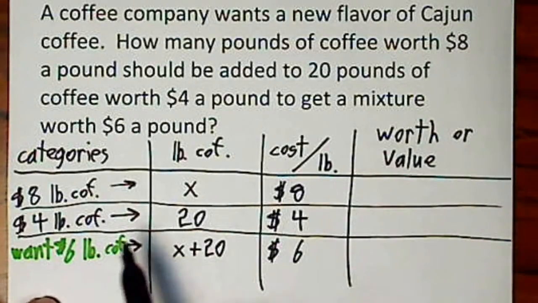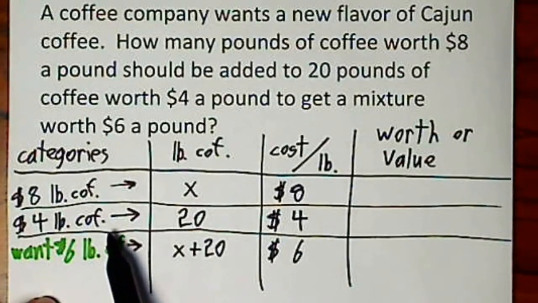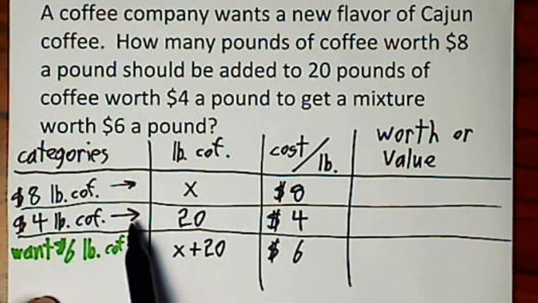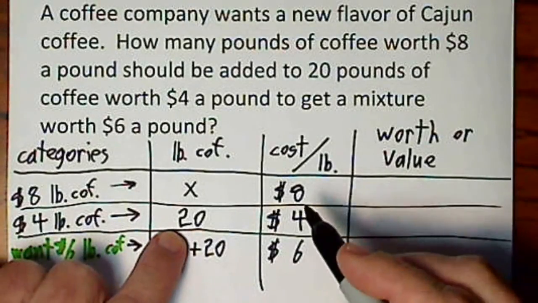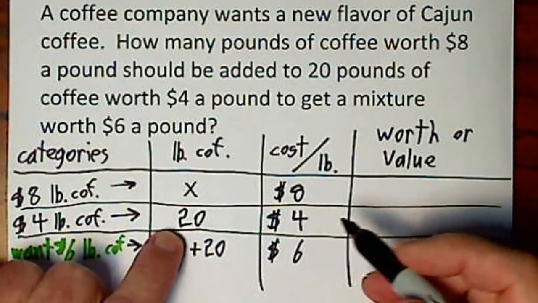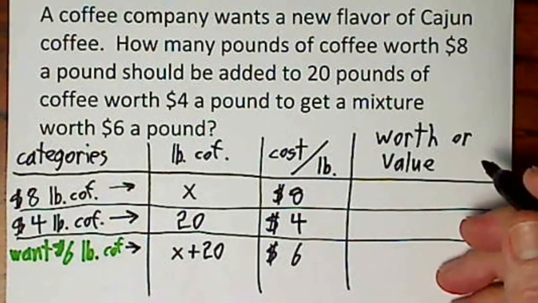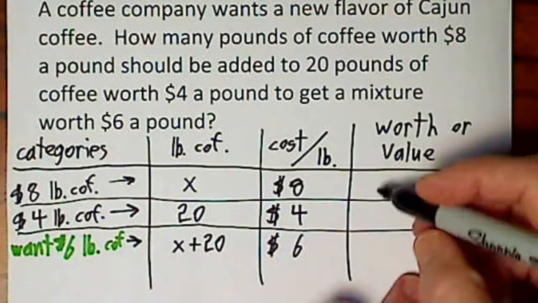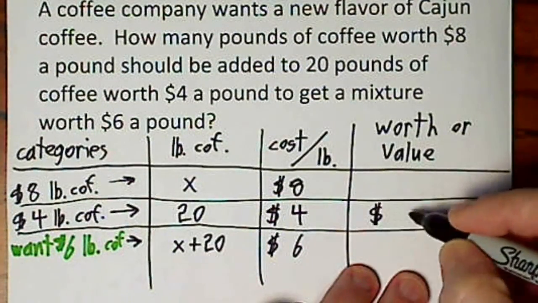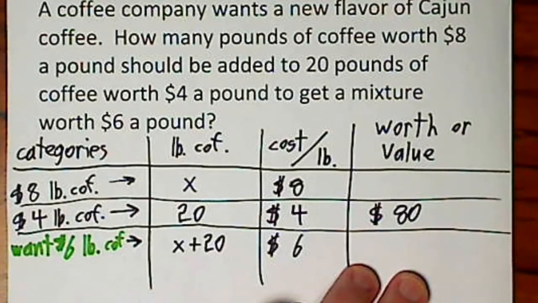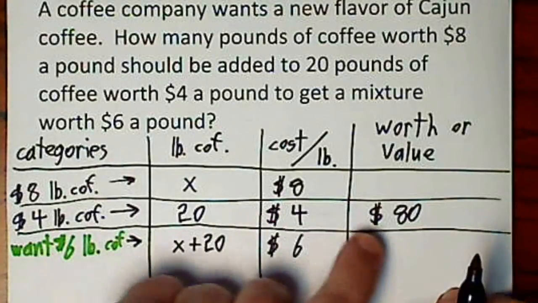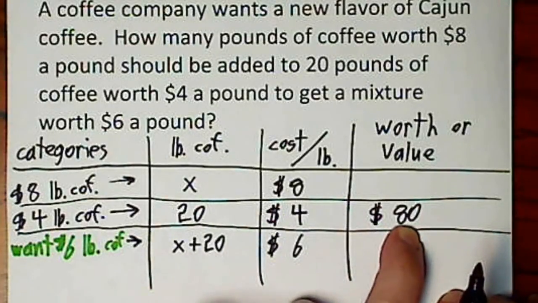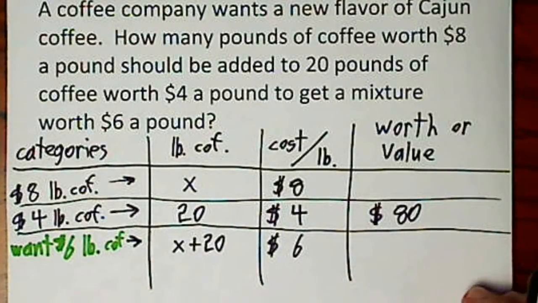Let's first look at our $4 a pound coffee, okay, because we don't have any variables here. If we have 20 pounds and it costs $4 a pound, that means we've got a big old sack of coffee that's worth $80, right? We would multiply 20 times 4 to find out the value of that sack of coffee.